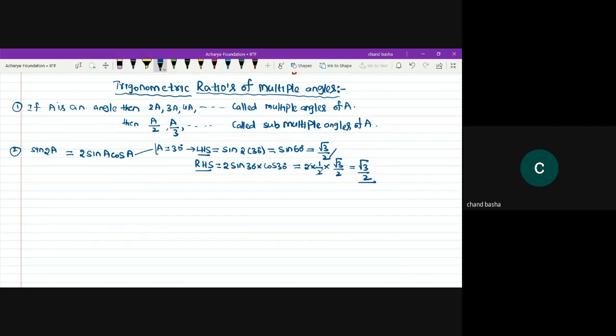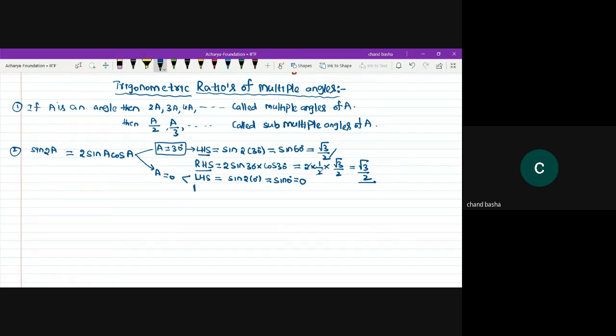Not only 60 degrees. If you want, you can take any value. Sir, I want to take 0. Yes, you can take 0. I'm taking A value as 0 and I can check. LHS, what is LHS? Sine 2 into 0 degrees, that is sine 0. Sine 0 degrees is 0 only.